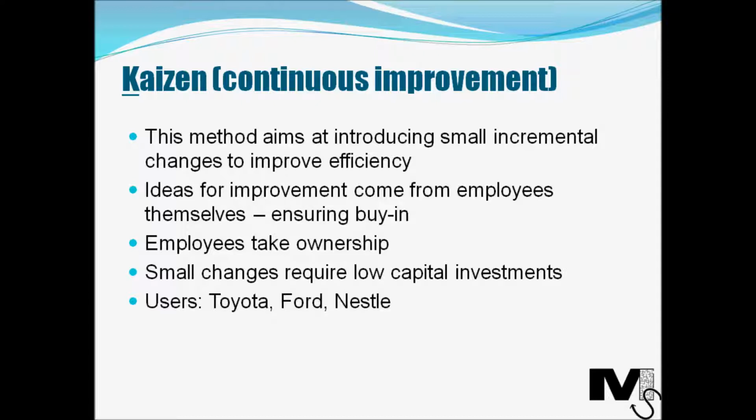And who uses Kaizen? Toyota again, Ford, Nestle, and as you see, a company as massive and as production heavy as Toyota would obviously use multiple lean methodologies to improve their efficiency and reduce waste.